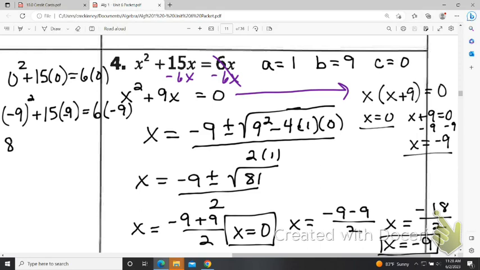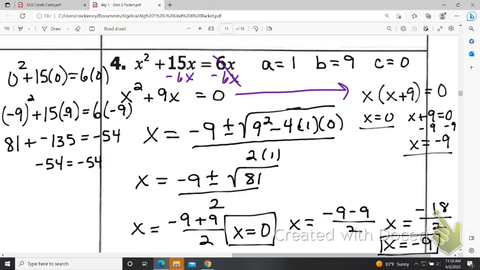Well, negative 9 squared is 81. 15 times negative 9, what is that? Let's see, negative 135, I believe. And then on the other side, 6 times negative 9 is negative 54. And if I do 81 subtract 135, I do get negative 54. So you can plug your solutions into the original equation. That's also a valid way to check. Always, right? It's an equation.